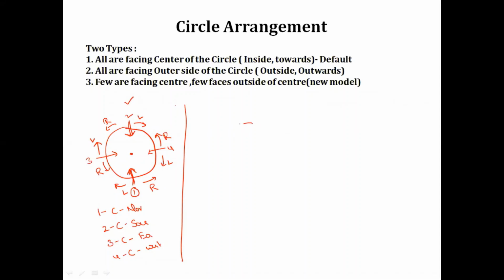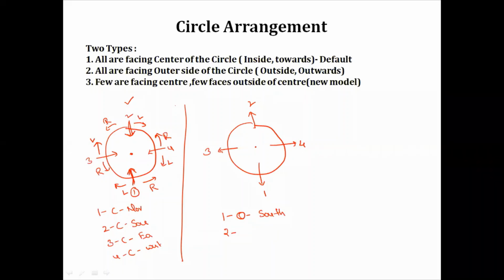Okay, now when it comes to the second one, which is all are facing outside, so he is facing outside and he is facing outside. So let us take this is person 1, this is person 2 and this is person 4 and this is person 3. Now here person 1 is facing outside the center and he faces south. Person 2 is facing outside the center and he faces north.